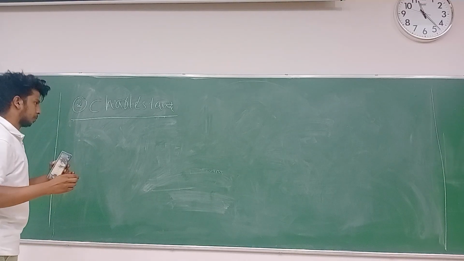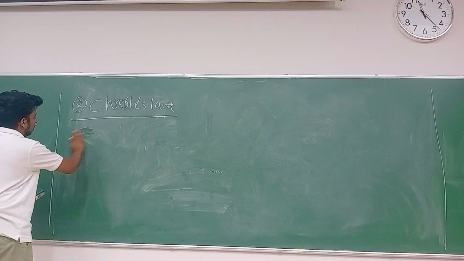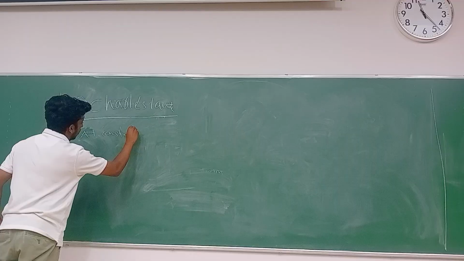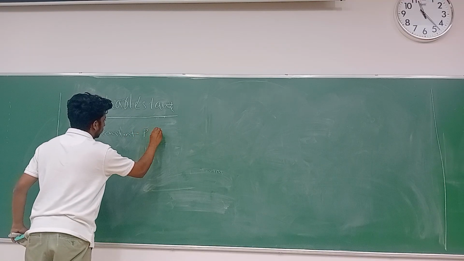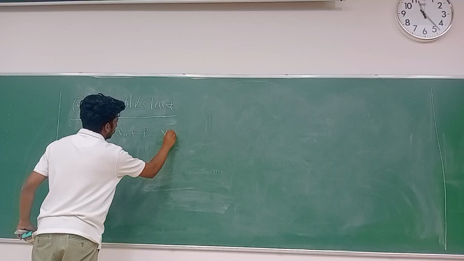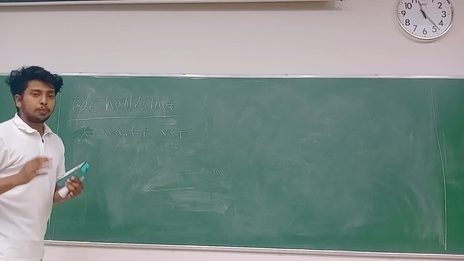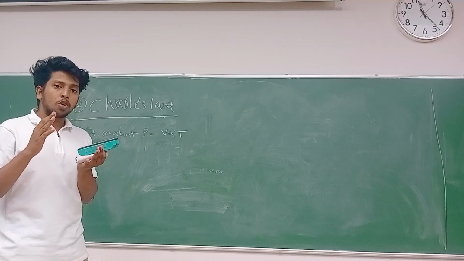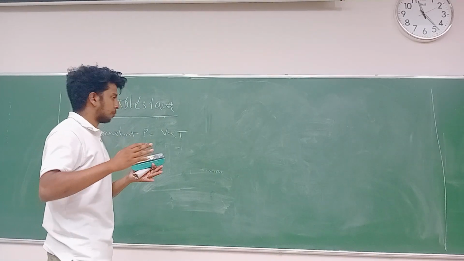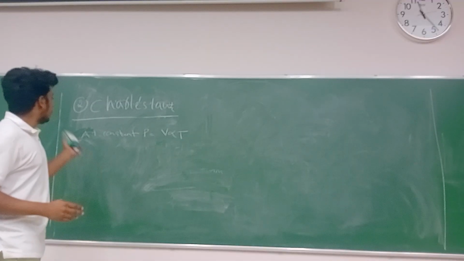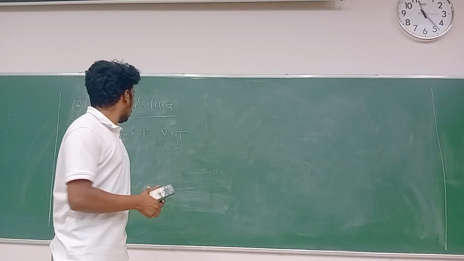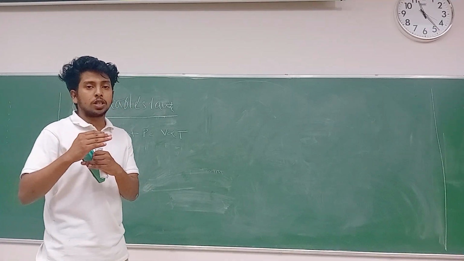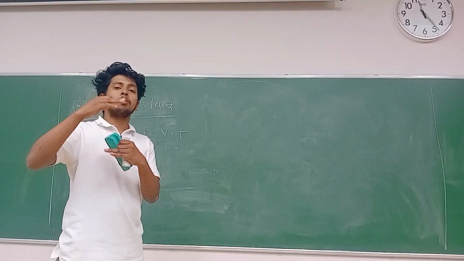It says that at constant pressure, the volume of a fixed amount of gas is directly proportional to its temperature. This is the principle of this law. So, at constant pressure, when we increase the temperature, the volume also increases.